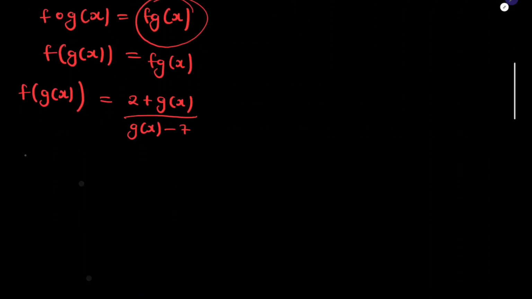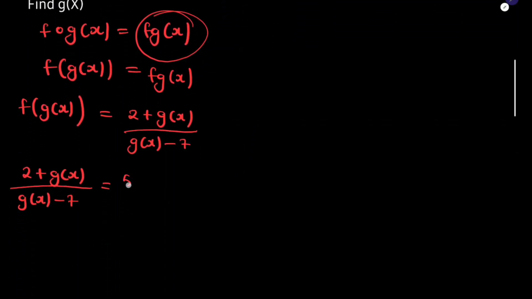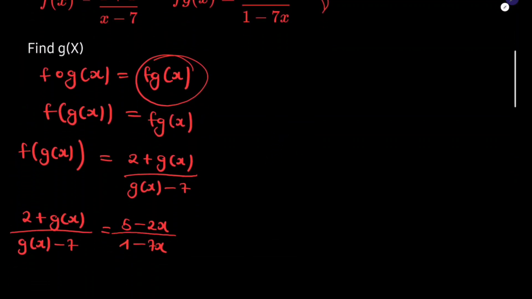So we are going to take that, (2 + g of x) divided by (g of x - 7), and equate it to what we have already been given, that is (5 - 2x) divided by (1 - 7x). So that is what we have.